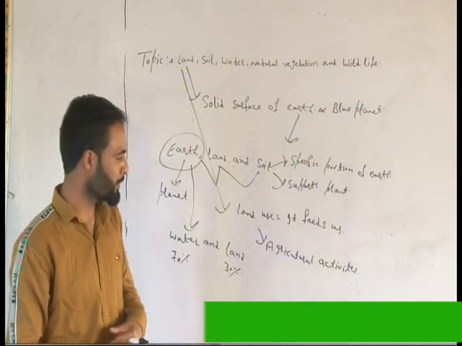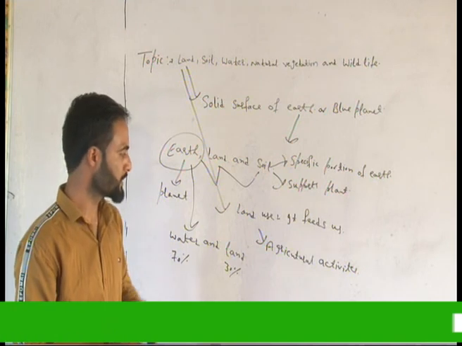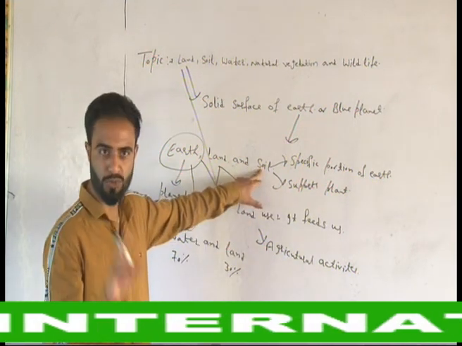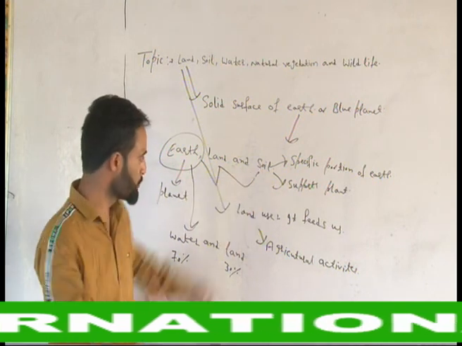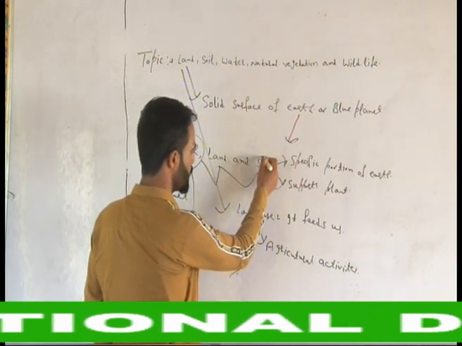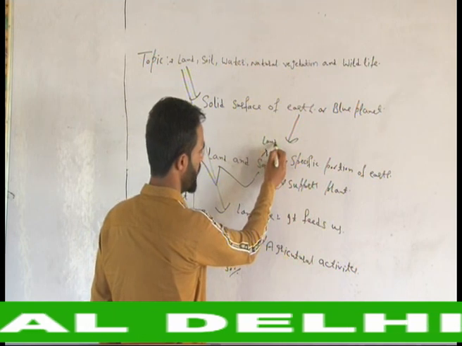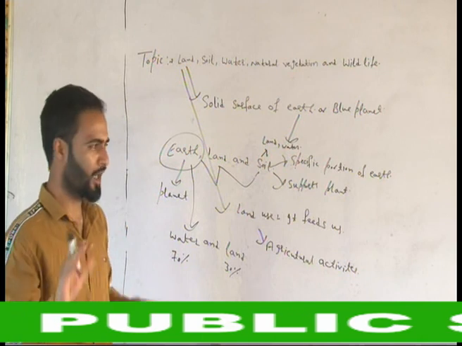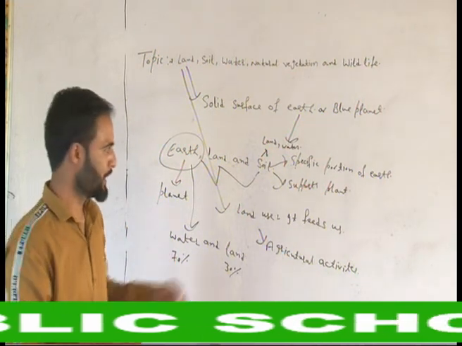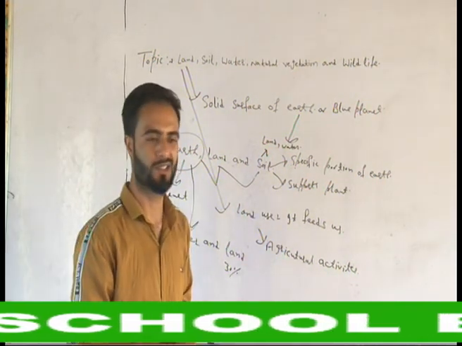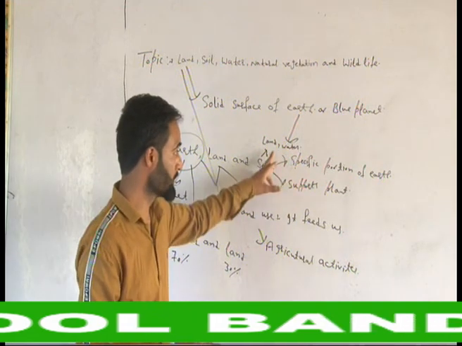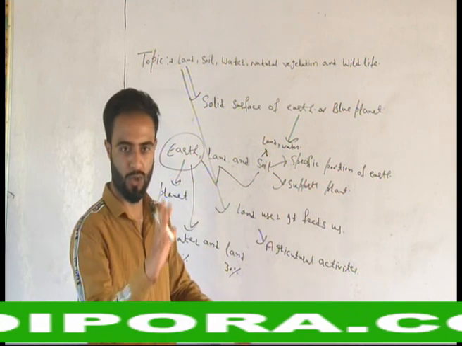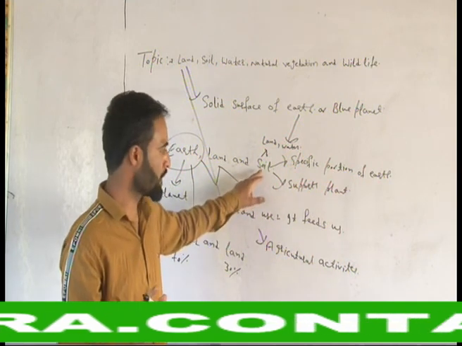We grow different types of plants and trees, we carry out agricultural activities, but soil exists in both places. Remember this point, soil exists upon land as well as water. You have already noticed that at the bottom of a sea or any ocean there are plants, and those plants develop there because of soil.